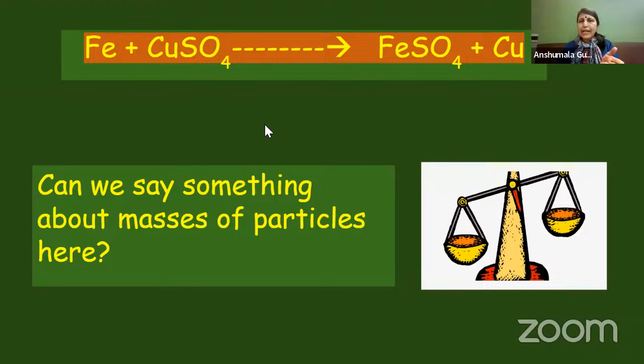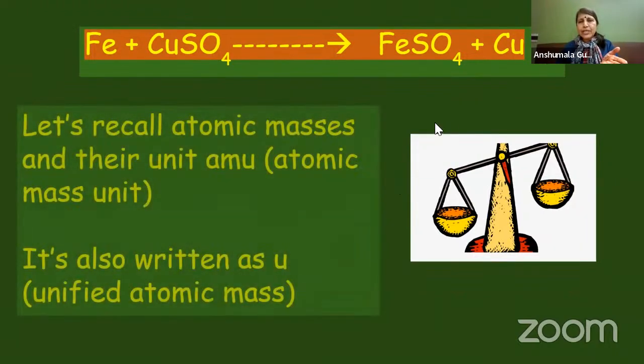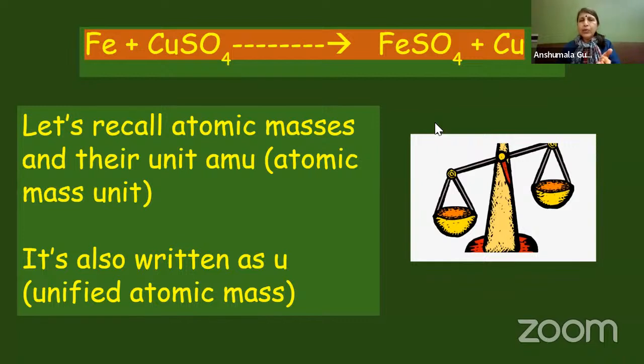The masses of particles here are what you said, atomic masses, written in atomic mass unit, AMU, which is also called, somebody is speaking, please mute your mic, otherwise it disturbs. So atomic masses are written in AMU, or also U, which is unified atomic mass.